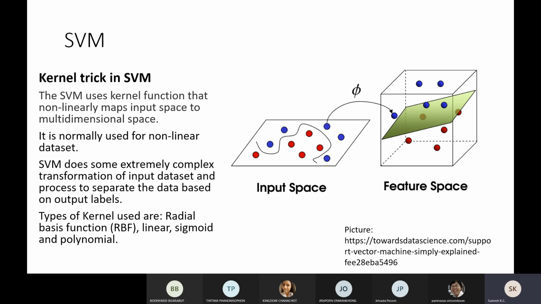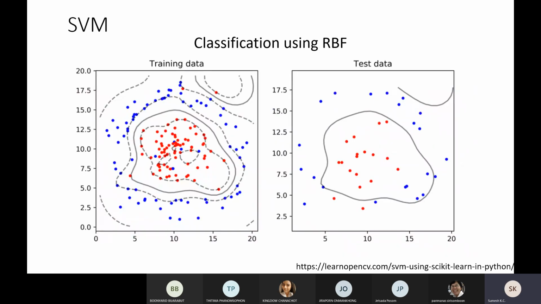There are three types of kernel that are used for SVM. The first one is the radial basis function, which is widely used in machine learning. Linear is good, but it is not used if it is not a linear case. So in non-linear situations, we use RBF, sigmoid, or polynomial kernel functions.